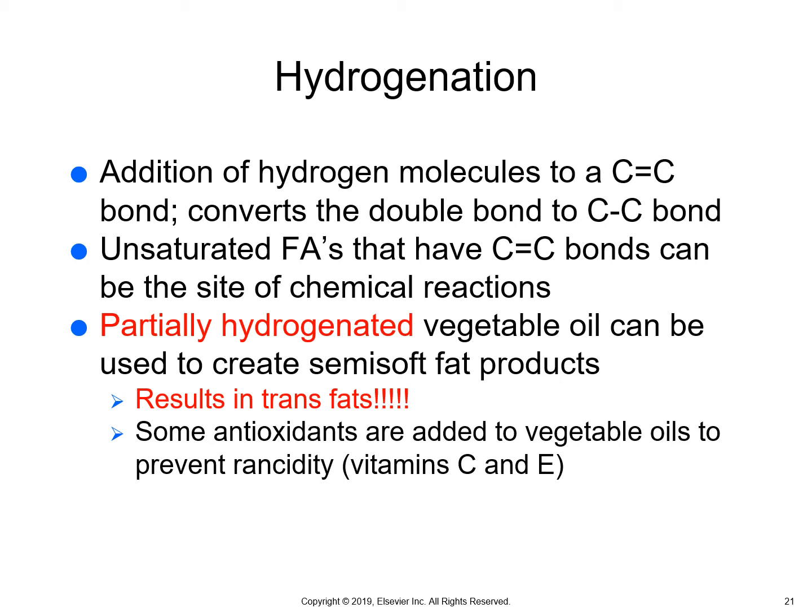But then we find out that it resulted in trans fats, so that is not a good thing. We want to watch our trans fats and hydrogenated products and try to keep that to a minimum, along with saturated. Some antioxidants have been added to vegetable oils to prevent rancidity. So vitamin C and vitamin E sometimes are added to those to keep them fresh so that they don't become spoiled.